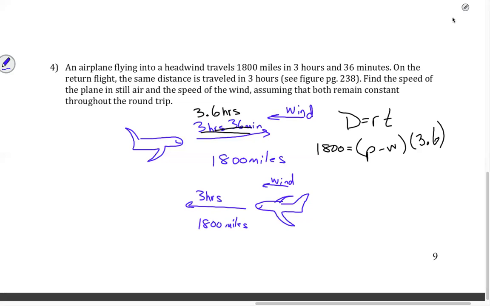But Hansi, we have the same formula, distance equals rate times time. The distance is 1,800 miles. Now the rate this time is the plane plus the wind. And it travels that in 3 hours.